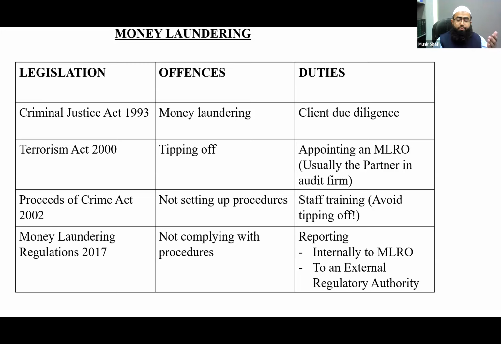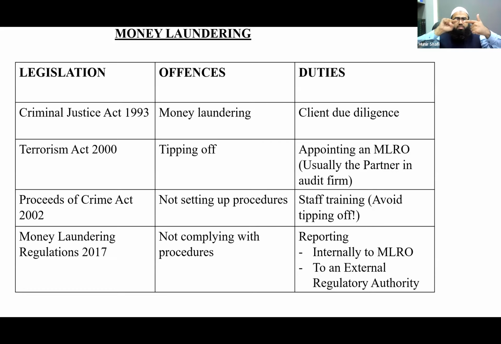And once a money laundering reporting officer is in place, if any money laundering concern or suspicion has arisen, the money laundering reporting officer will report to the external authority. The team will first report internally to the money laundering reporting officer. The channel should be the team member reporting to their direct senior, the direct senior reporting to their direct partner.